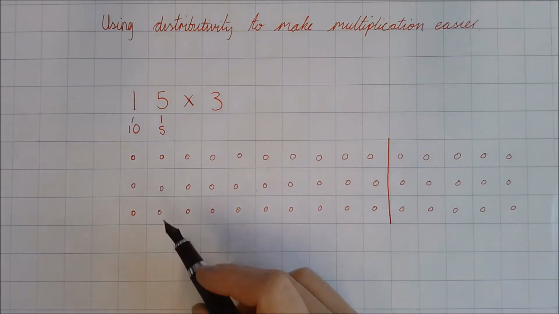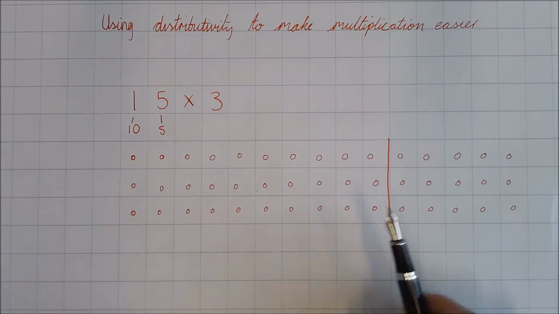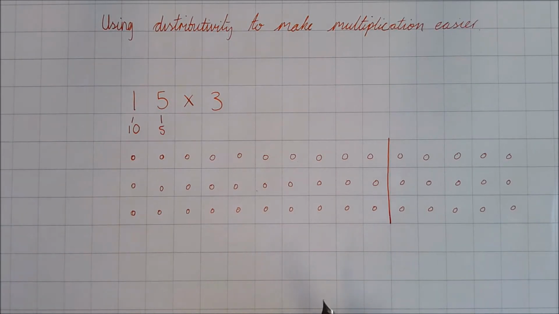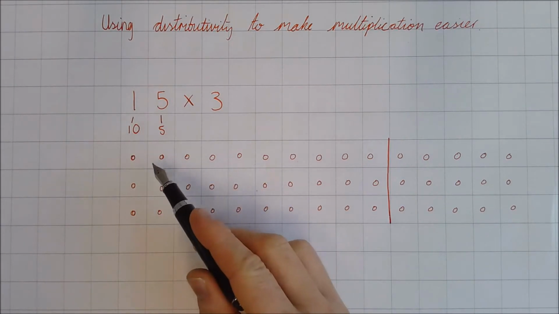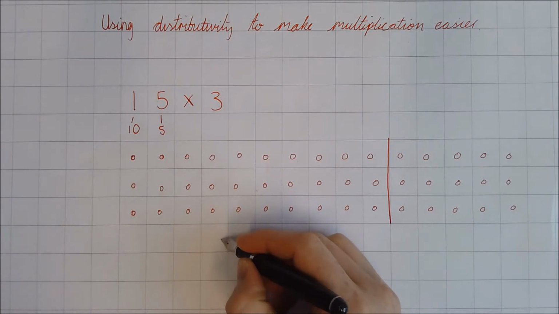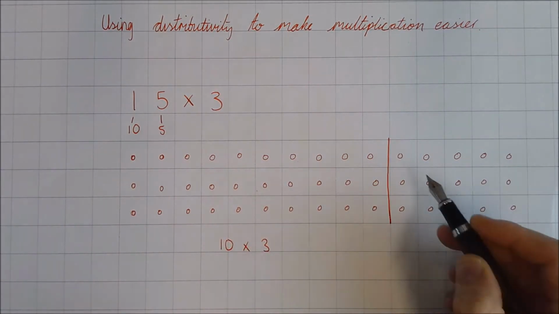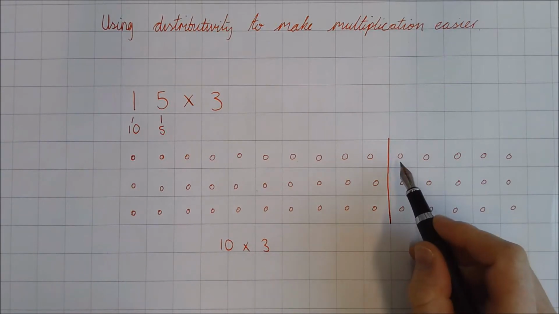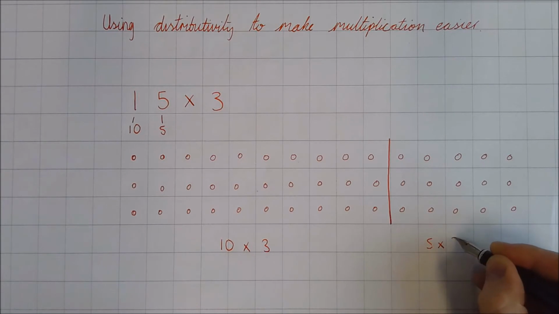Now you can see that our large array that represented 15 multiplied by 3 has now been partitioned into two smaller arrays. This array is 3 tall and 10 wide, so we could do 10 times 3, and this one is 3 tall and 5 wide, so we'd do this one as 5 times 3.